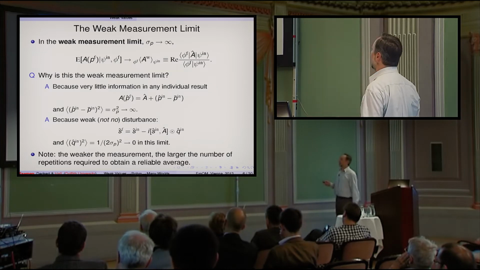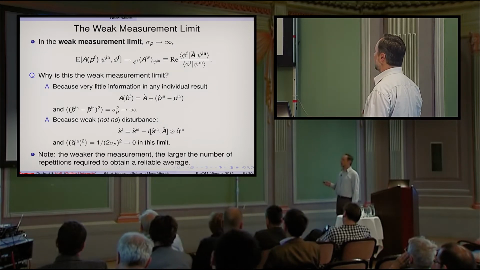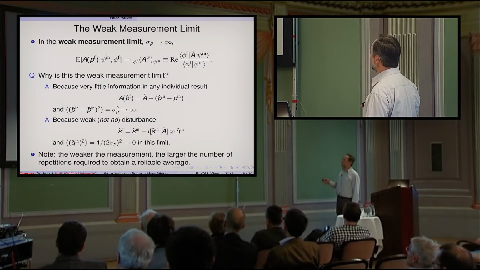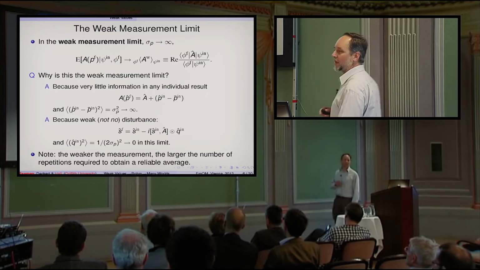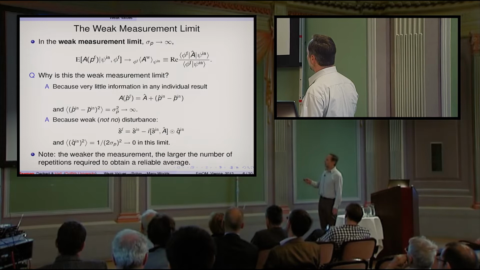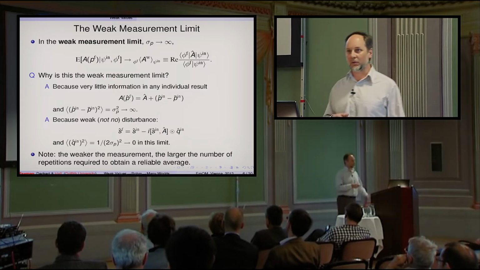So in the limit where the uncertainty in the initial momentum of the probe goes to infinity, clearly this noise term has a very large mean square value, which goes to infinity in the absolutely weak limit.